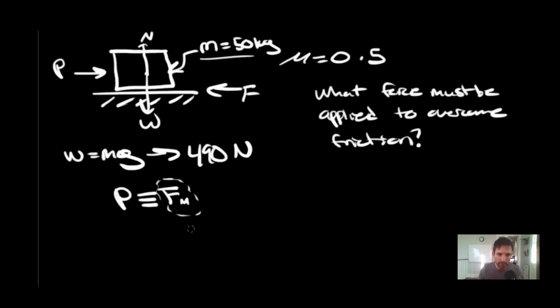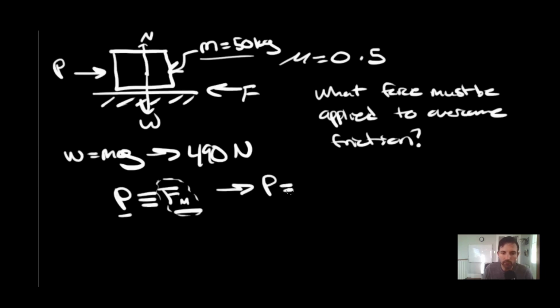So I'm reaching that apex to where if I hit that point, the block is going to start moving. And I want to know what that force is, which is what the question asked us, what force must be applied. So if I apply the same force that it takes for the block to break loose, then these two are the same, right?